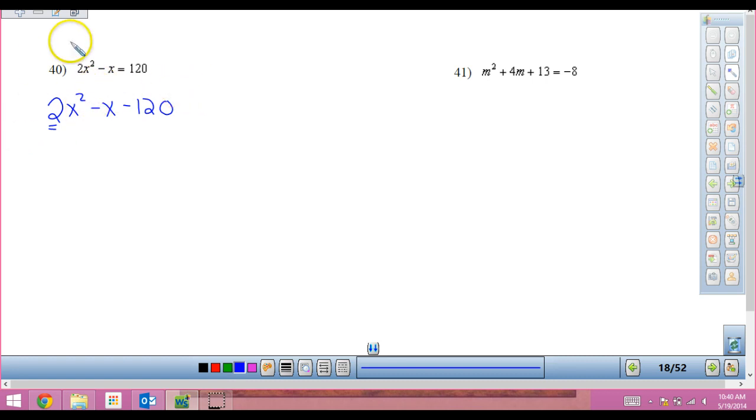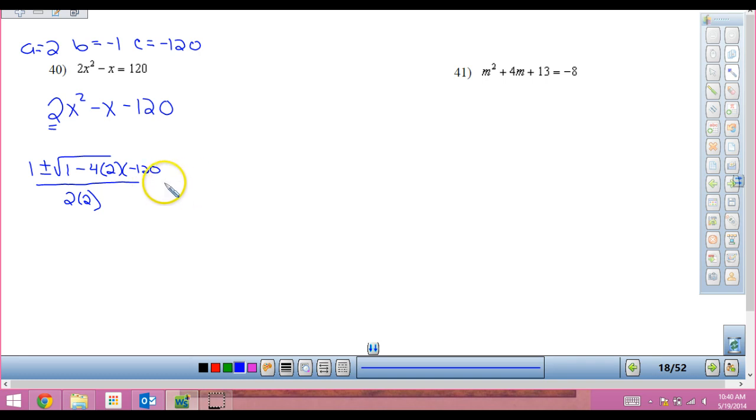So remember that a equals 2, b equals negative 1, and c equals negative 120. So the opposite of b is 1, plus or minus the square root of 1 squared is 1, minus 4 times 2 times negative 120, all divided by 2 times a, which is 2.